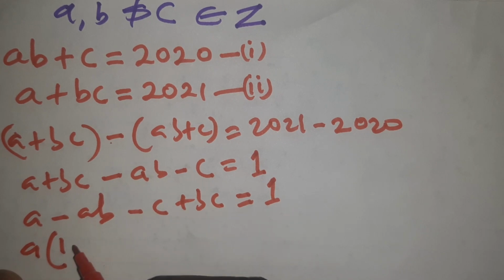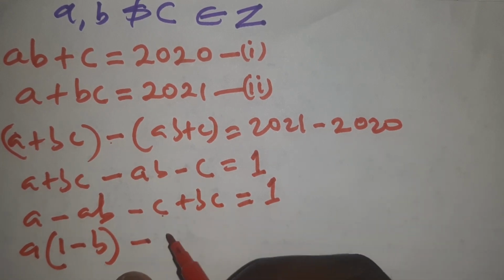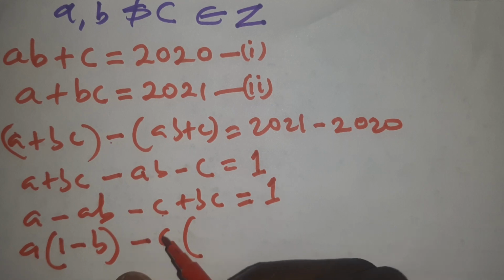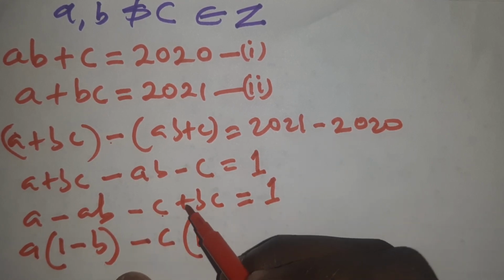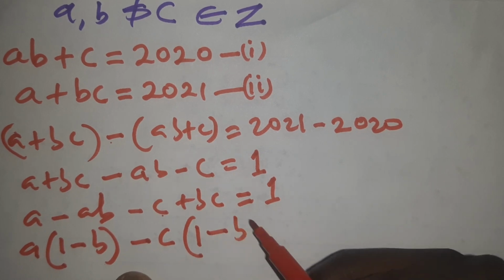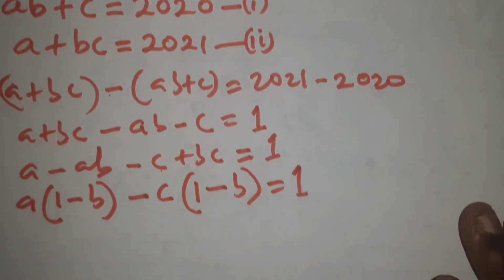Minus divided by plus, you have minus. A cancels A, you have B. Then here we do the same thing. Minus, what's the HCF here? C. Minus divided by minus, you get plus. C cancels C, you get 1. Plus divided by minus is minus. C cancels C, you have B. Then equals 1.